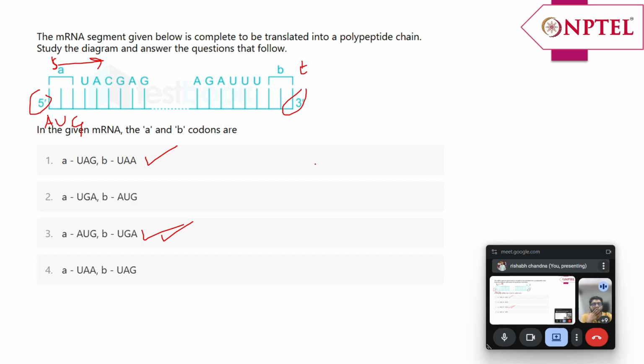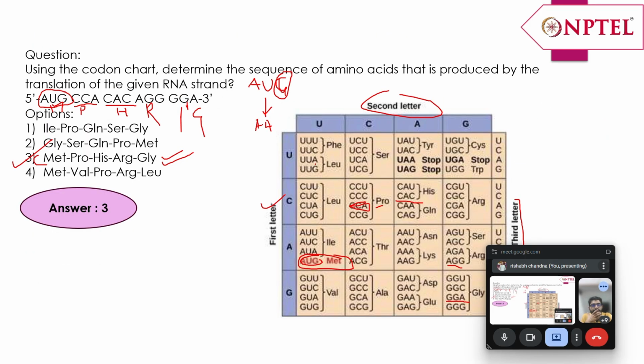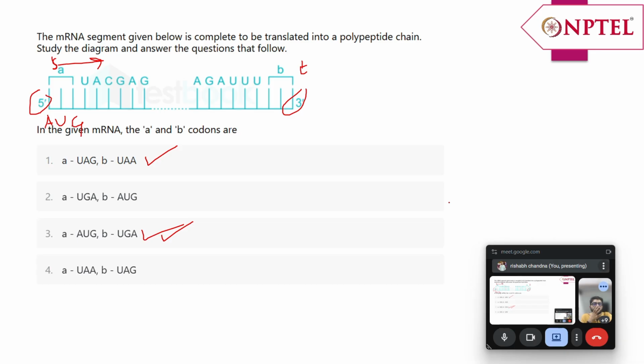As we have seen in the last slide also, the termination codons are three, that is UAA, UAG, and UGA. So these three are the termination codons. Here, it can be UAA, UGA, or UAG. So the correct answer is option number 3, because the start codon would be AUG and the stop codon would be UGA.